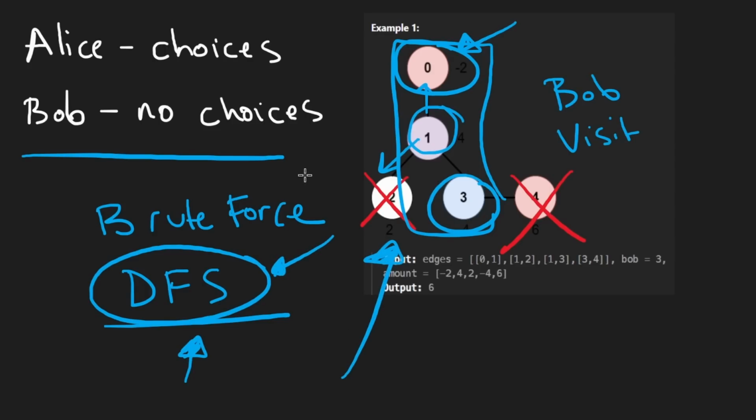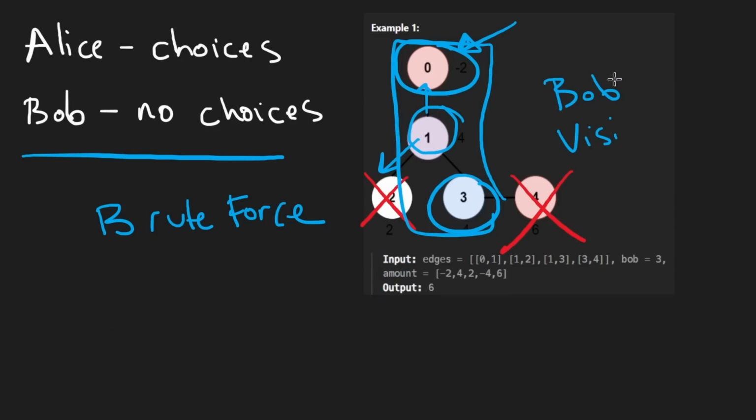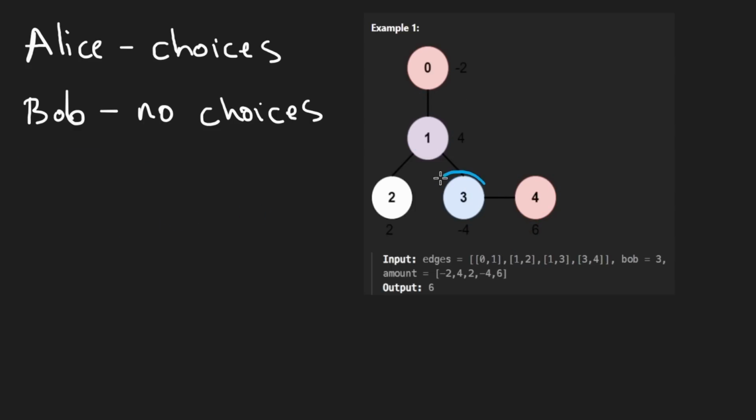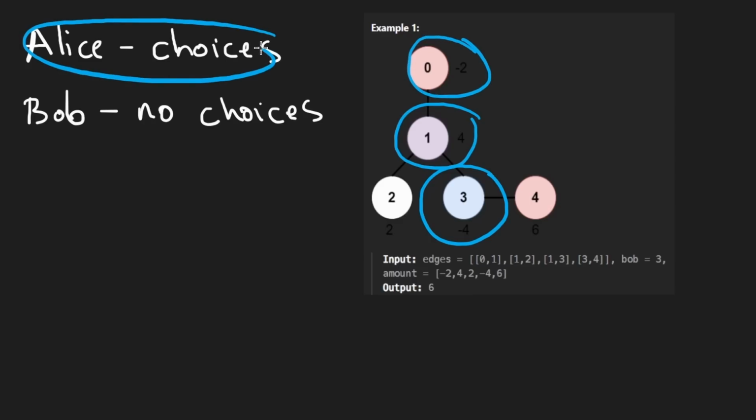But now, in terms of marking Bob's nodes visited, what do we actually care about? We don't necessarily know that Bob is going to be able to collect the profit from every node that Bob is able to visit. In this case, Bob visits this, and this, and this. We have no idea when Alice is going to visit these nodes, if Alice is going to visit any of these nodes.